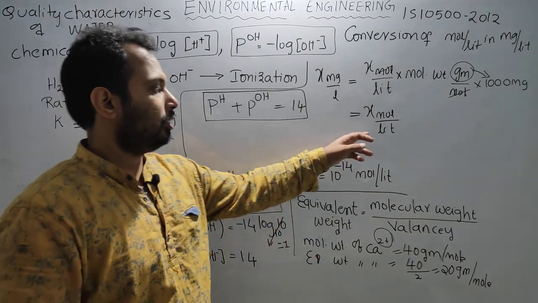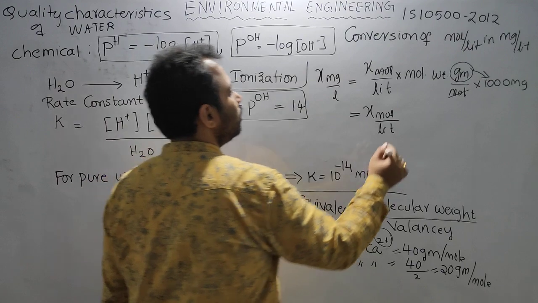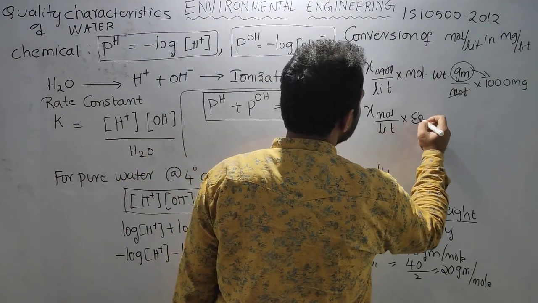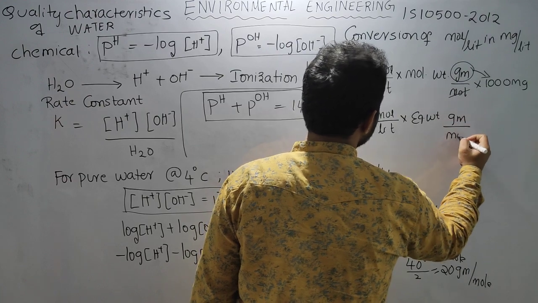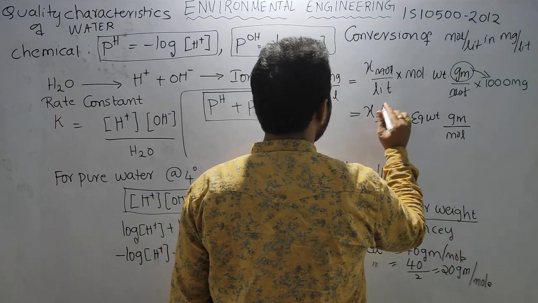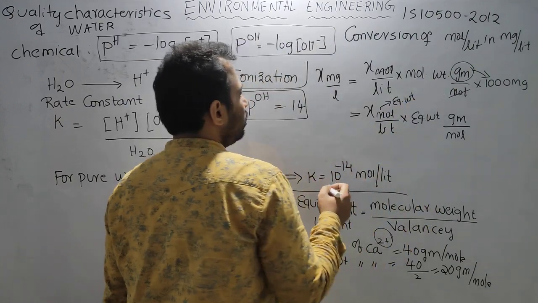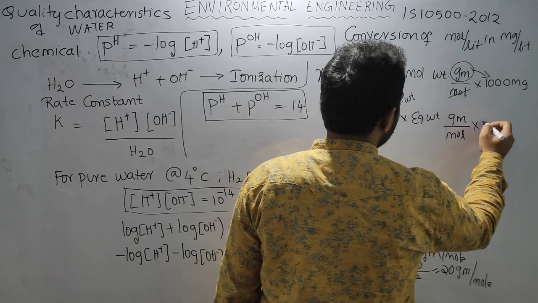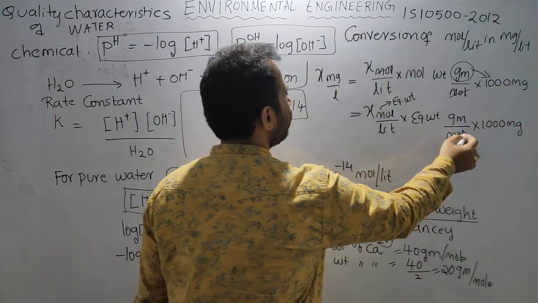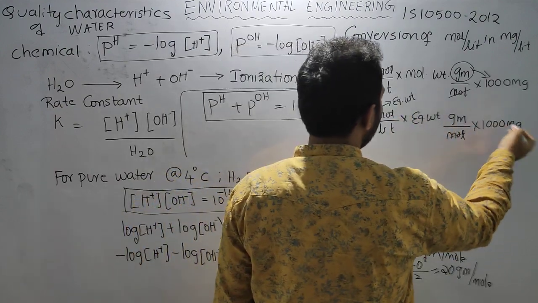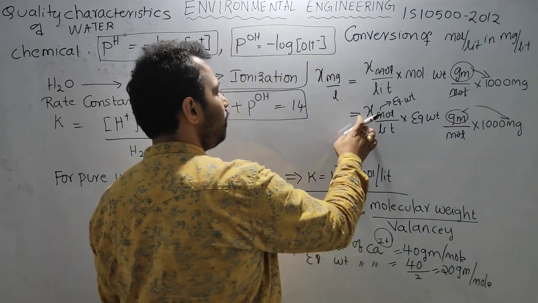Then equivalent weight is in gram per mole. So again this is a gram, I need to convert this into milligram. So mole cancelled, gram will become milligram, so milligram per liter when equivalent weight is given.